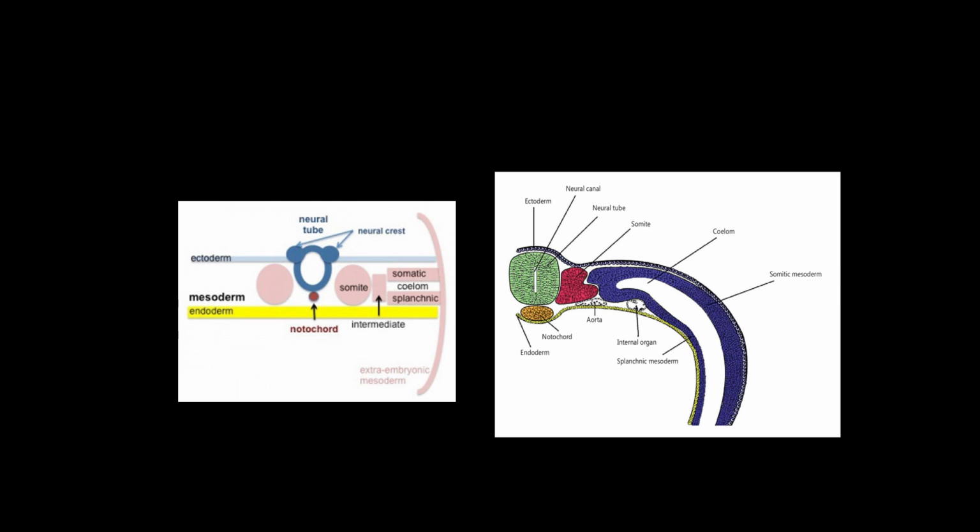Notice that the inner or the splanchnic mesoderm is lined by the yellow colored endoderm. So together during the formation, these form the bowel wall, that is the endoderm forming the mucosa and the outer layers being formed by the splanchnic mesoderm.